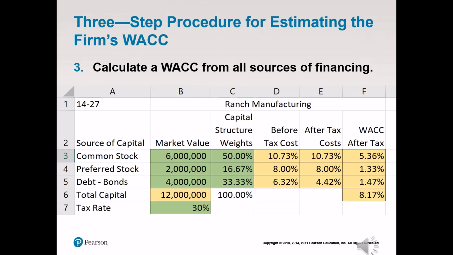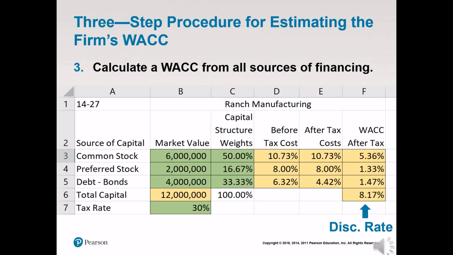And we take our after-tax cost for bonds, 4.42%, times our capital structure weight for bonds of 33.33% to come up with our weighted average cost of debt at 1.47%. We add all of those up, and that is our weighted average cost of capital. It is also our discount rate.